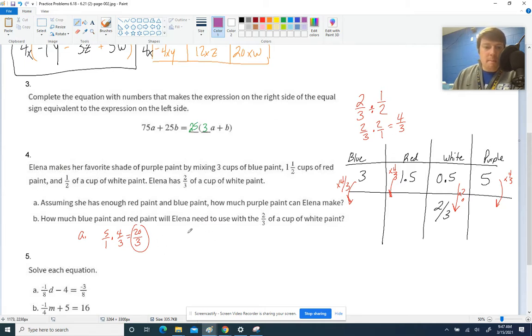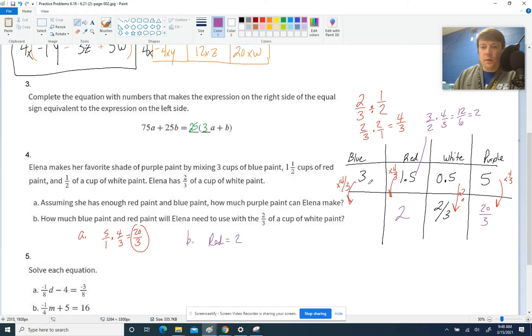Part B, how much blue paint and red paint will she need to use with the 2/3? Okay, so we do need to find these 2 missing ones here. So this one was 20/3. We need to multiply 1.5, which is 3/2, by 4/3. That's 12/6, which is 2. So 2 cups of red.